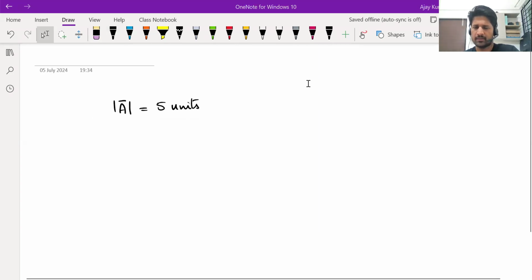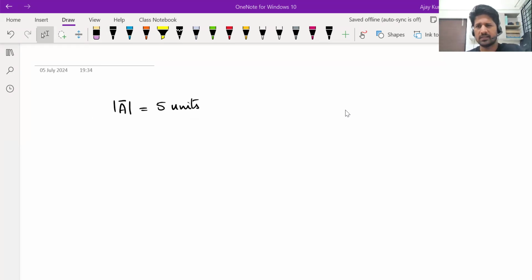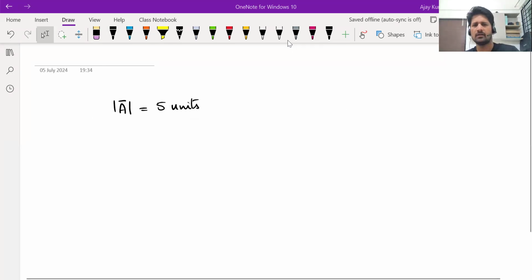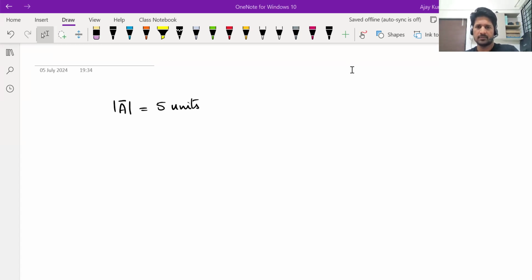Name of the vector is A. Can any of you tell me how to get the unit vector in the direction of A, or generally how to get unit vector in the direction of a particular vector? What is meant by a unit vector?